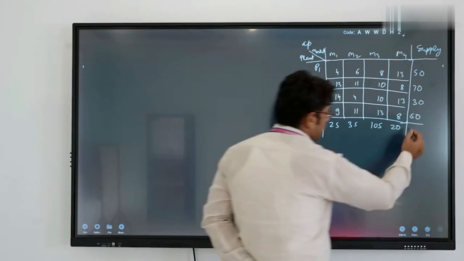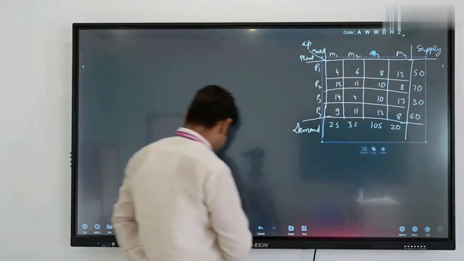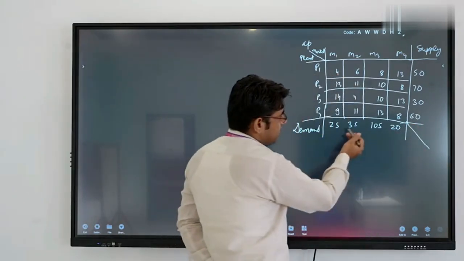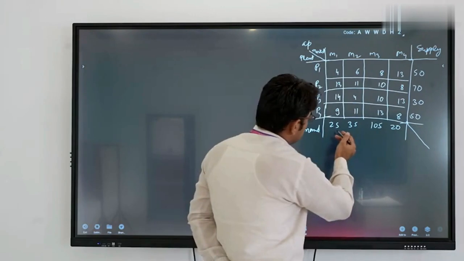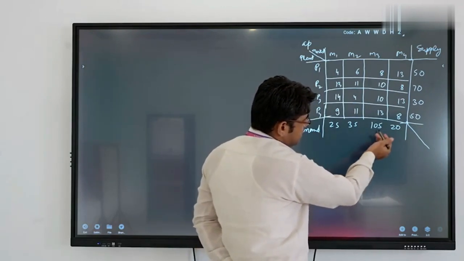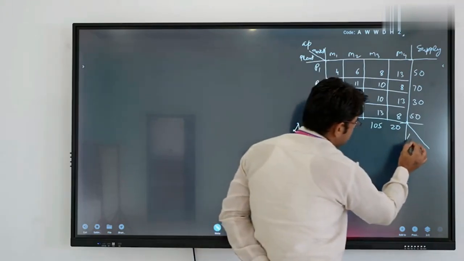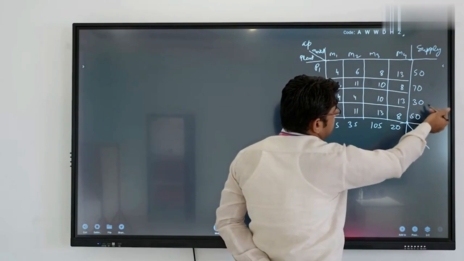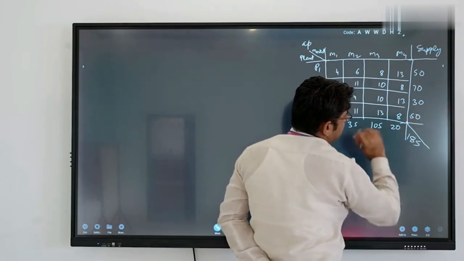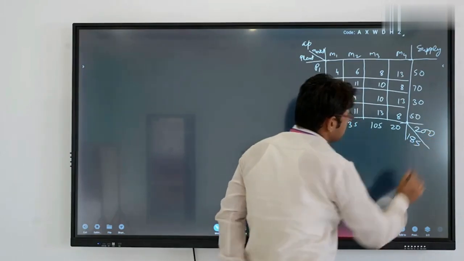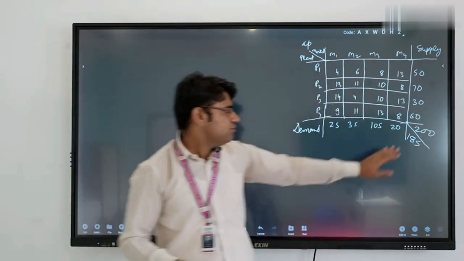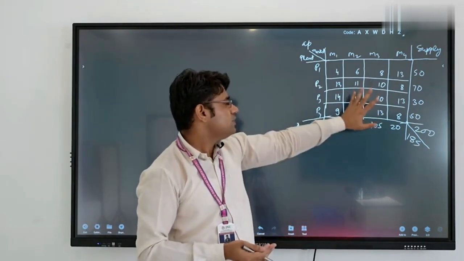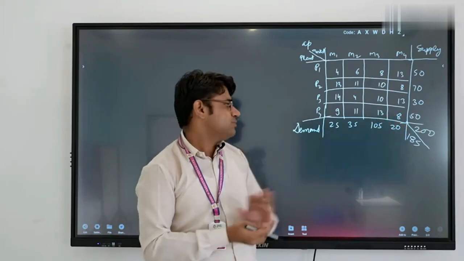So here the sum of demand is 25 plus 35, 60, 165, 185. And the sum of supply is 50, 120, 150 and 200. So here the sum of demand and supply are not equal. So this is an unbalanced transportation problem.